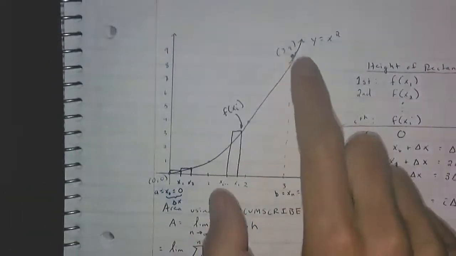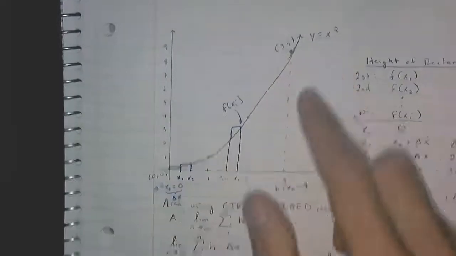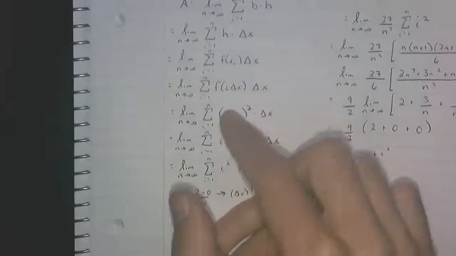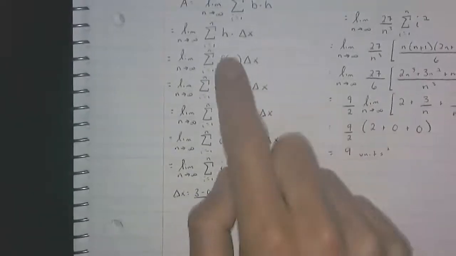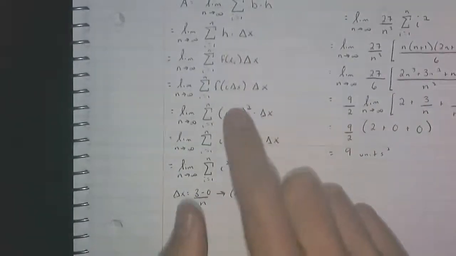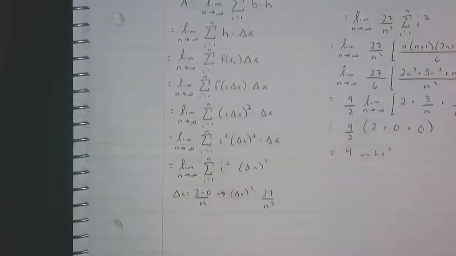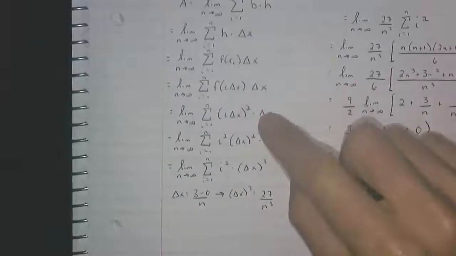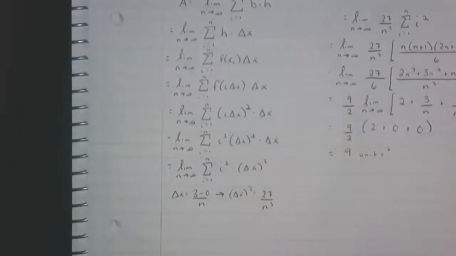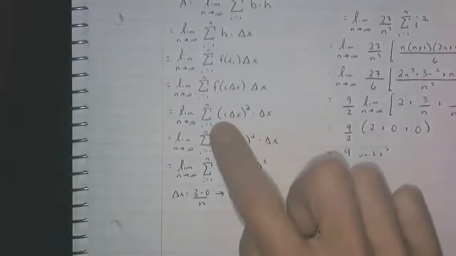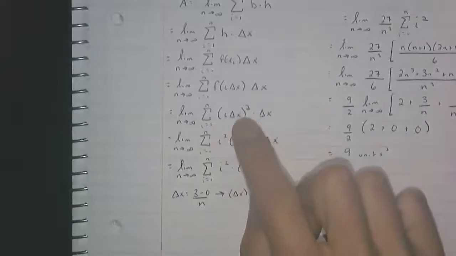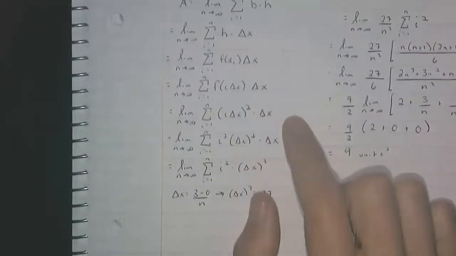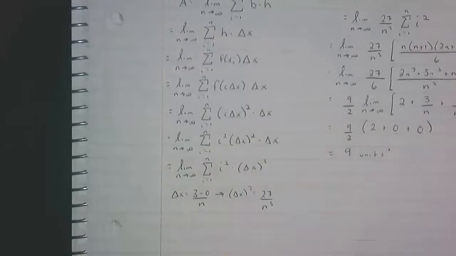In this case, the curve was x squared, so f was the squared function, and we took this new definition of x sub i and plugged it into our function. So if this was the cubic function, this would be cubed. If this was 2x plus 7, this would be 2 times i delta x plus 7 times delta x. It's whatever your function is.